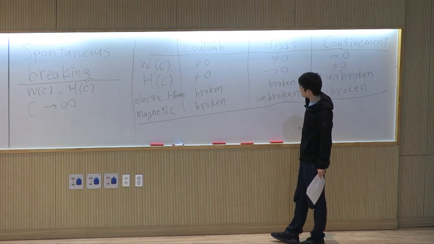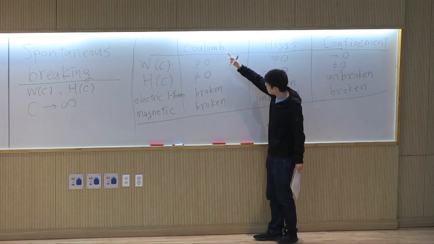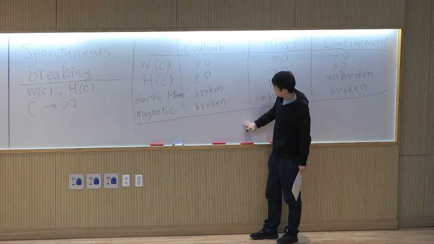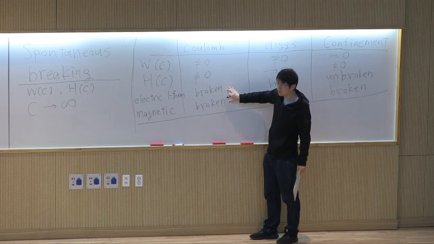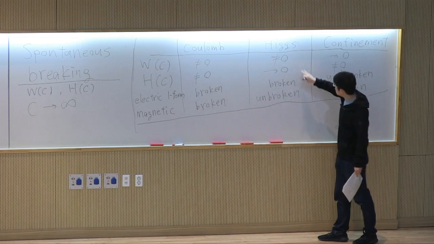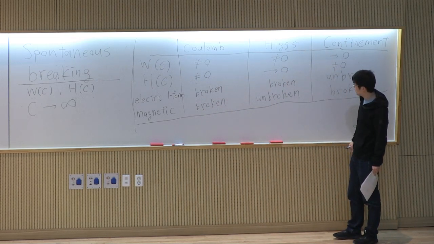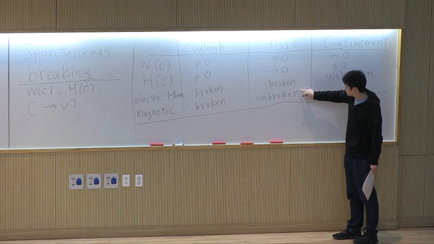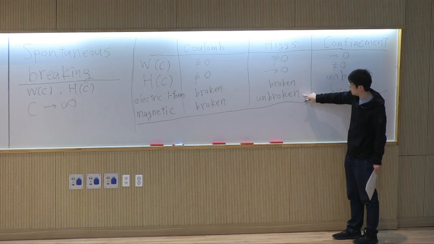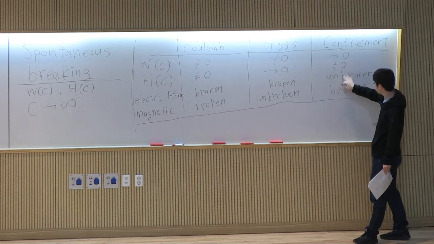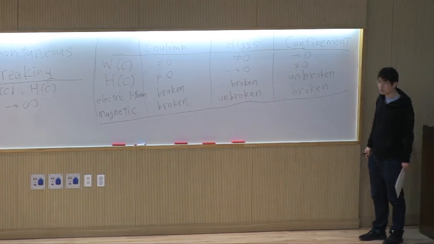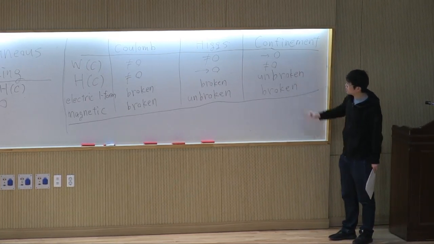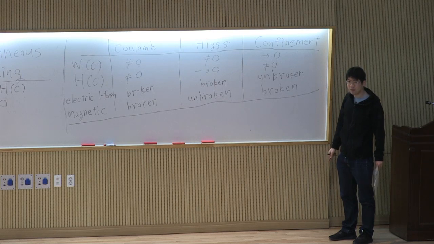So the Coulomb phase can be characterized by the statement that electric and magnetic symmetries are broken. The Higgs phase is characterized by the statement that electric is broken, magnetic is unbroken, and the confinement phase is characterized in a similar way. So these symmetries can be used as a characterization of these important phases in gauge theories.